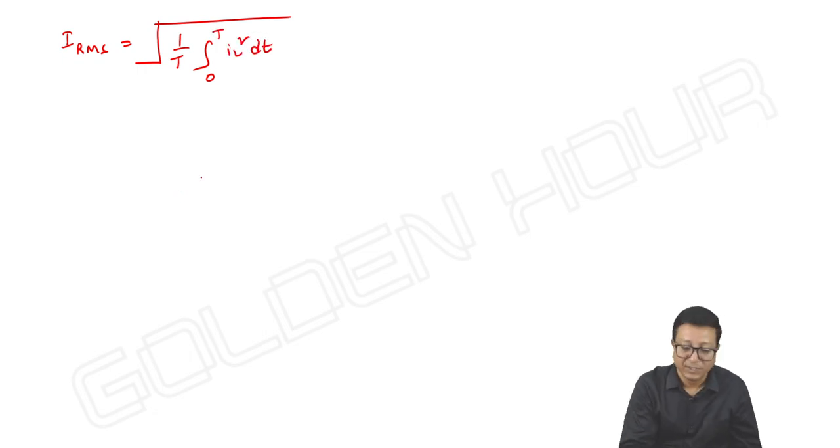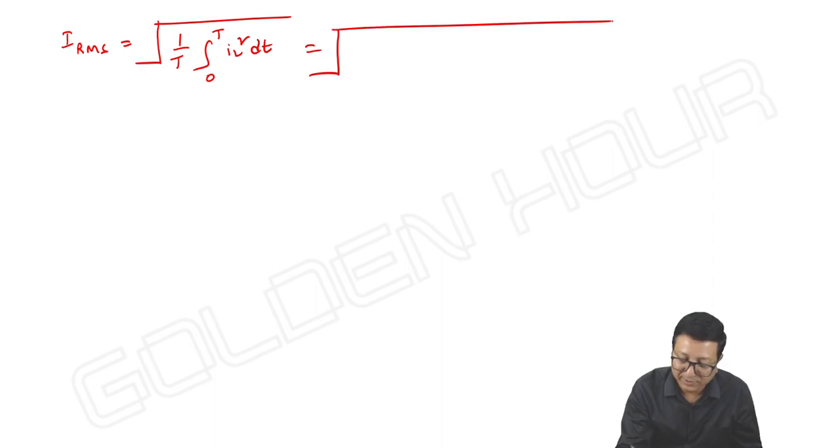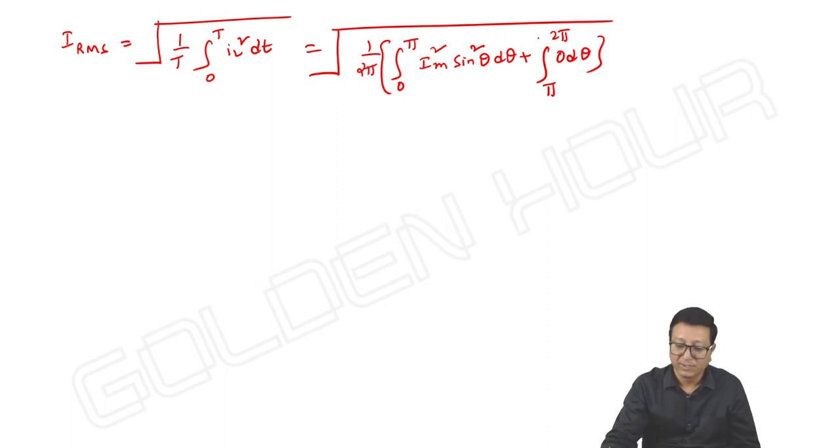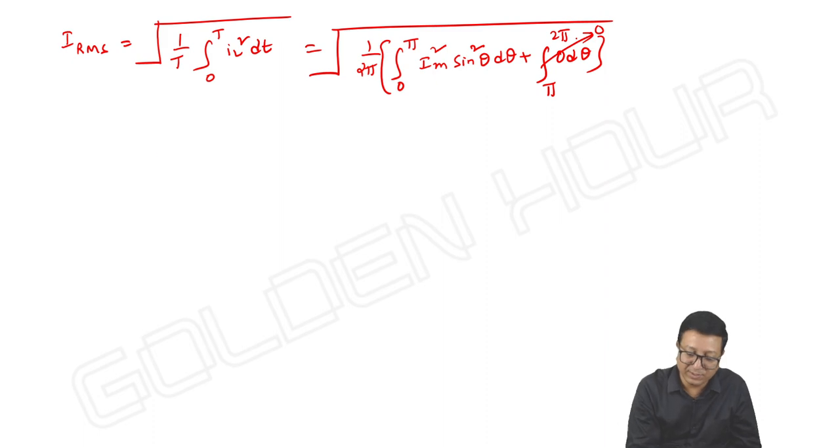The RMS value of the current is given by root mean square. It is further written like 1 by period, which is 2 pi, and over the limits 0 to pi it is Im sin theta, means Im square sin square theta d theta, from pi to 2 pi 0 d theta. Anyway, this term is 0, we need not worry about it.